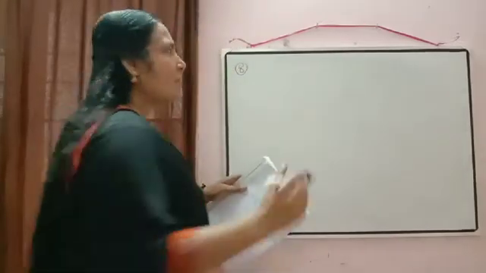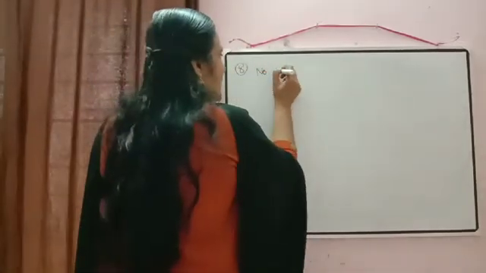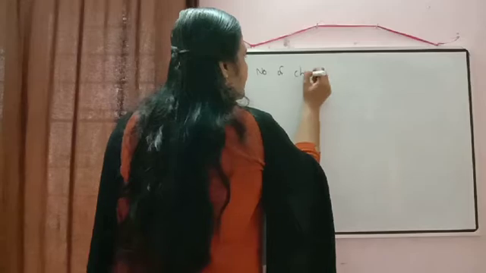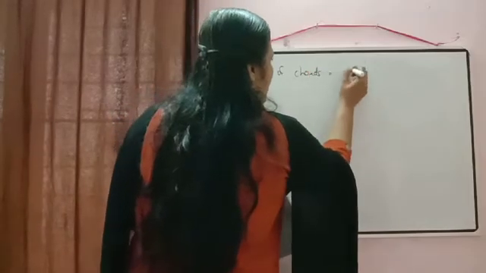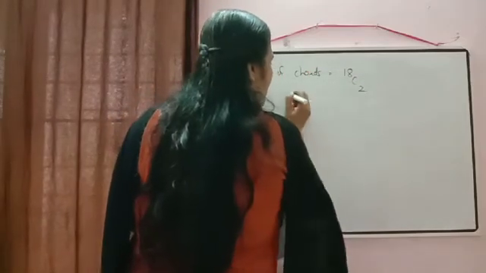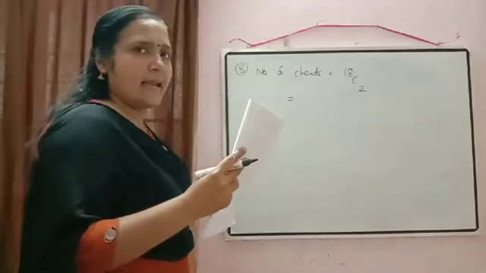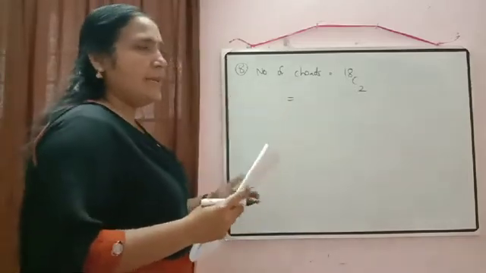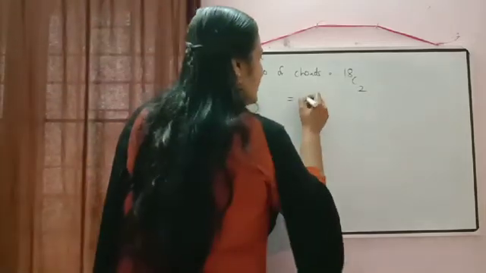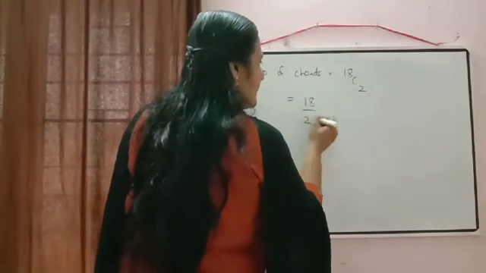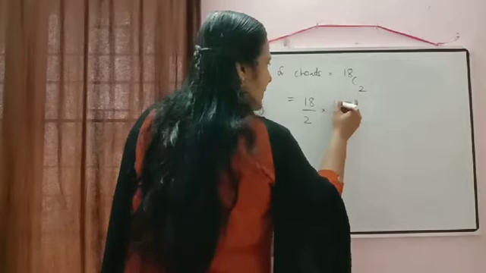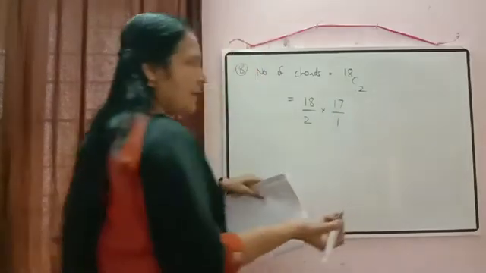So directly you can write down there, number of chords is equal to 18C2, because to draw a chord we need 2 points at a time. So that's why written here 18C2. Now here you can write directly 18C2 can be written as 18 by 2 into 17 by 1.